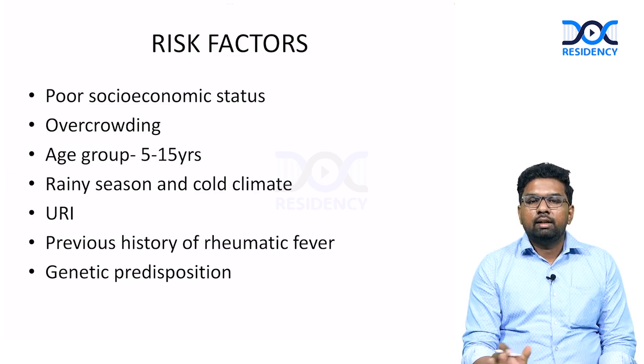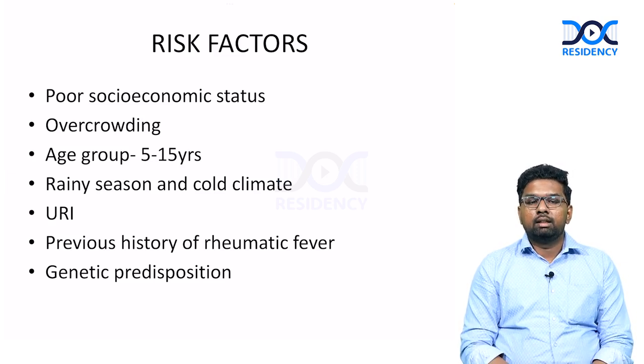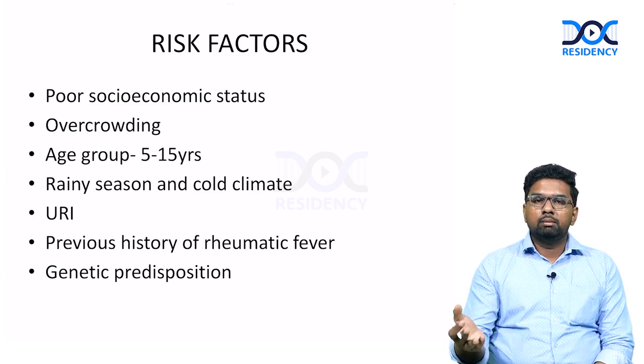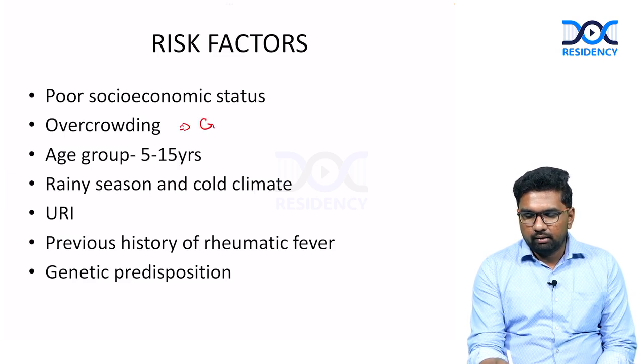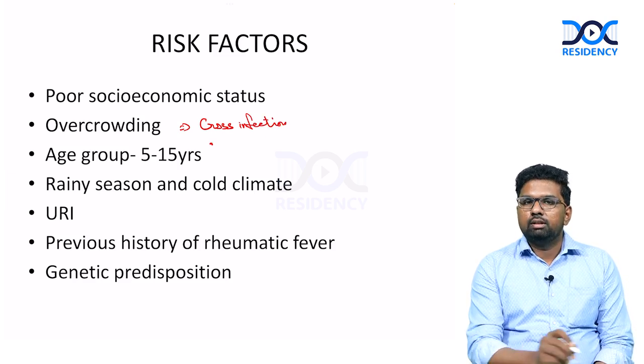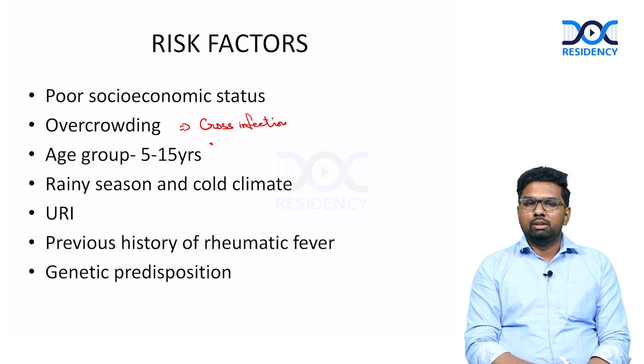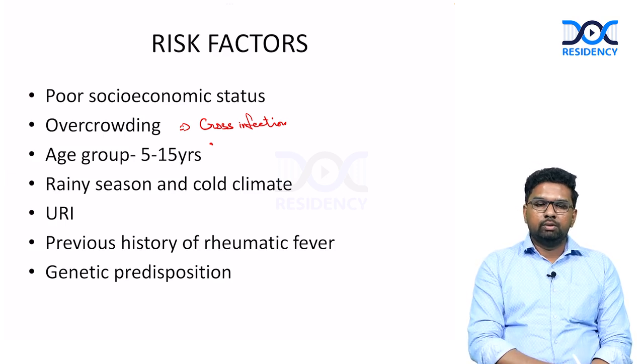So common risk factors for rheumatic heart disease are poor socioeconomic situation and overcrowding, because cross infection is very high. Around 80% of RHD patients are diagnosed in childhood, that is the age group of 5 to 15 years.